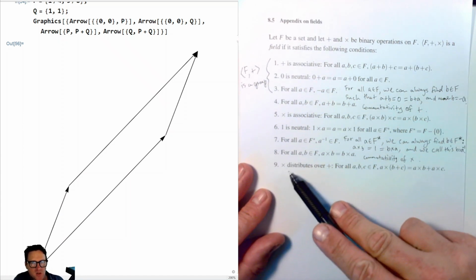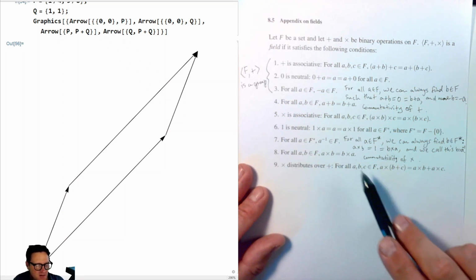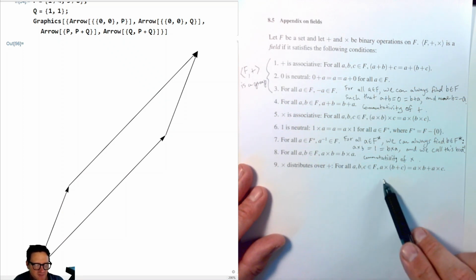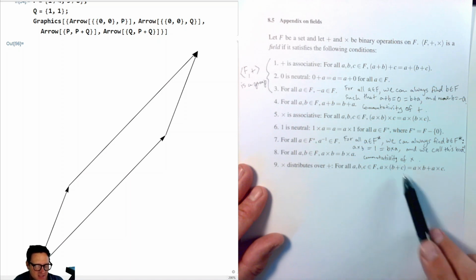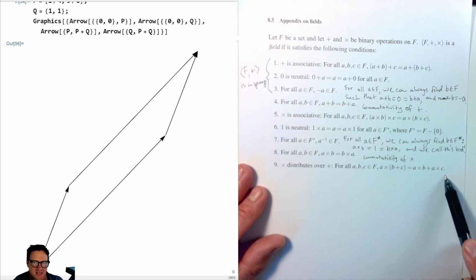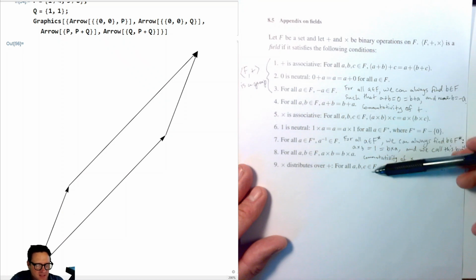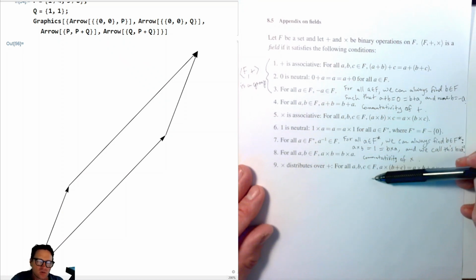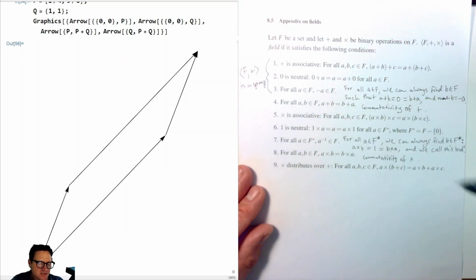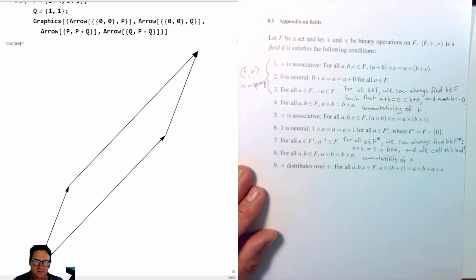Okay, last one, multiplication distributes over addition. So for all A, B, and C in F, A times (B plus C) is A times B plus A times C. So if all 9 of these axioms of a field hold, then that set together with addition and multiplication, this algebraic structure, can be called a field.